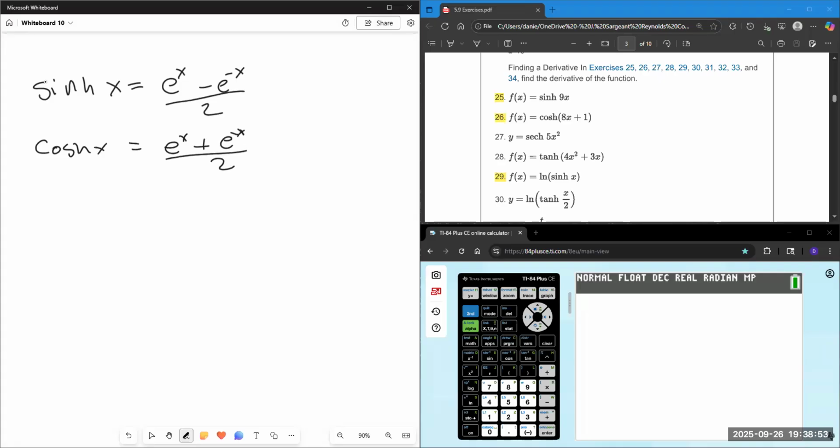We saw these functions earlier in our differentiation and integration of exponential functions, and I said that we would get back to defining what those special functions were. This is an odd function, and this is an even function, just like sine is odd and cosine is even.